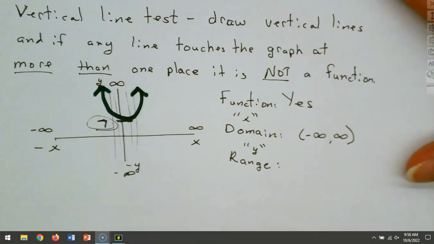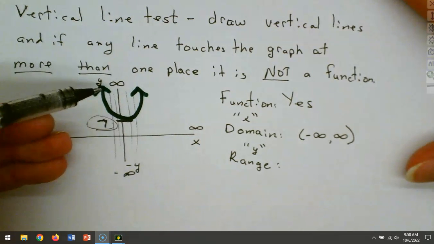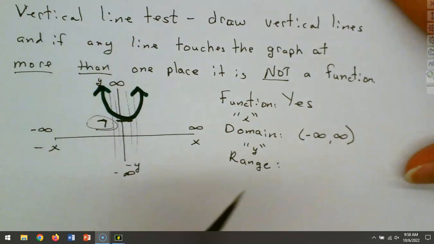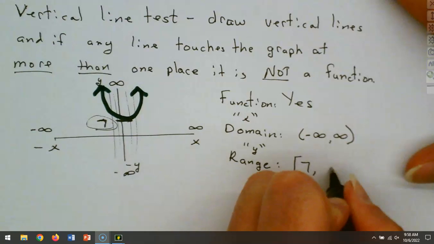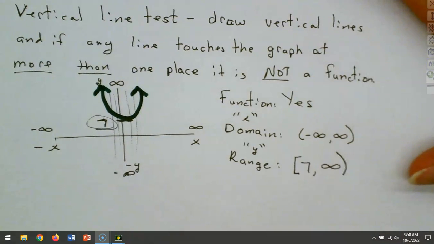Looks like it starts at about 7, and it's going up. So my range would be, we use a square bracket, 7, and where does it go to? Infinity. And infinity always, no matter what, gets parentheses. So that's your domain, and that's your range.